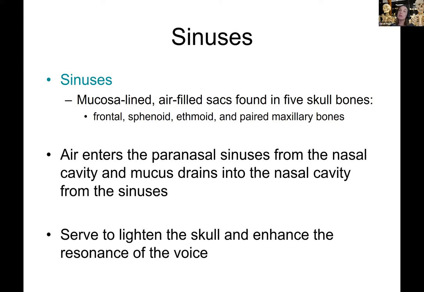So they make your skull a little bit lighter. They also help to enhance the resonance of your voice. You know this because if you're sick and you have an overproduction of mucus, it ends up clogging your sinuses. That's when your sinuses feel like there's pressure there.